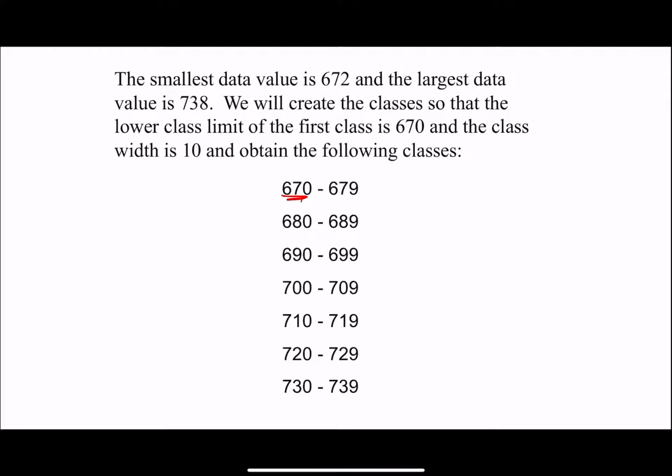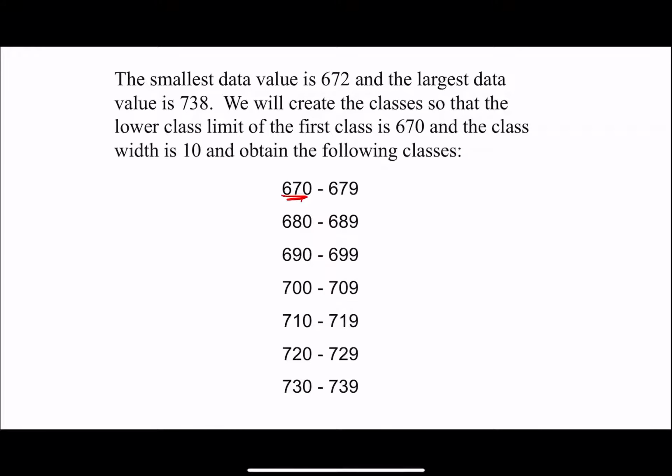If I would have ended up with like 40 classes with 10 being my class width, I would have changed my class width to maybe 20. So your class width is just a pretty number that you choose that gives you between 5 and 15 classes. There's not a hard and fast rule about why you choose the number you choose. It's just a number you choose.